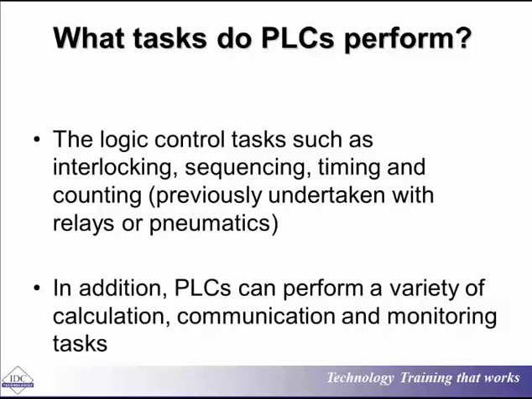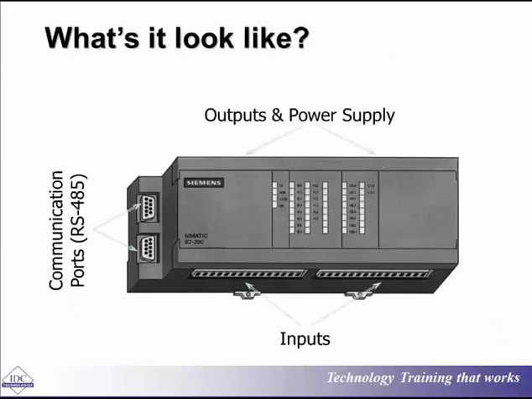It is there to make sure that the sequencing of a particular machine is kept within the bounds of normal operation. In addition, they also perform the ability to communicate to other devices in the network. So what do they look like?